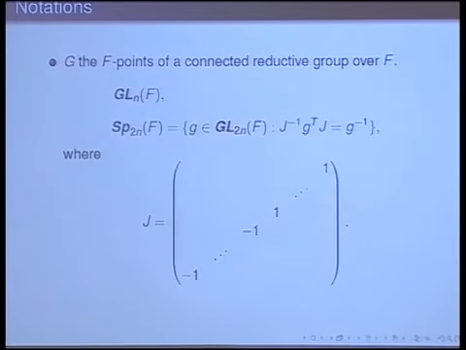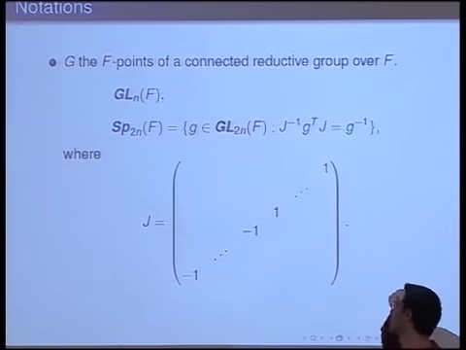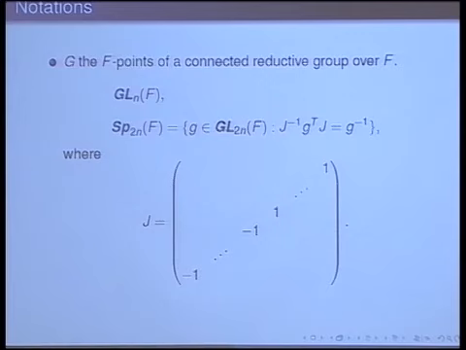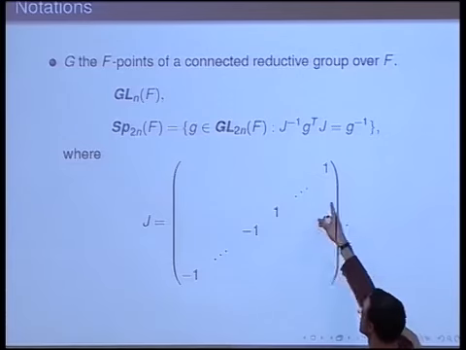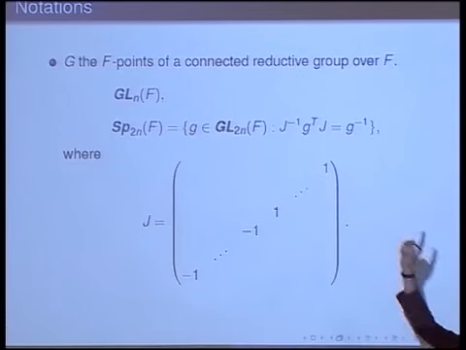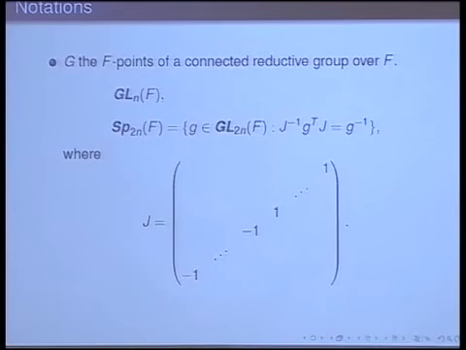Okay, so the sorts of groups that I'm going to look at will be points of some connected reductive group defined over F, and for the purposes of examples, the two groups that I will really talk about will be GL_N, the general linear group, and the symplectic group, which I will take to be defined relative to a Witt basis, which gives you this as the matrix of the non-degenerate form.